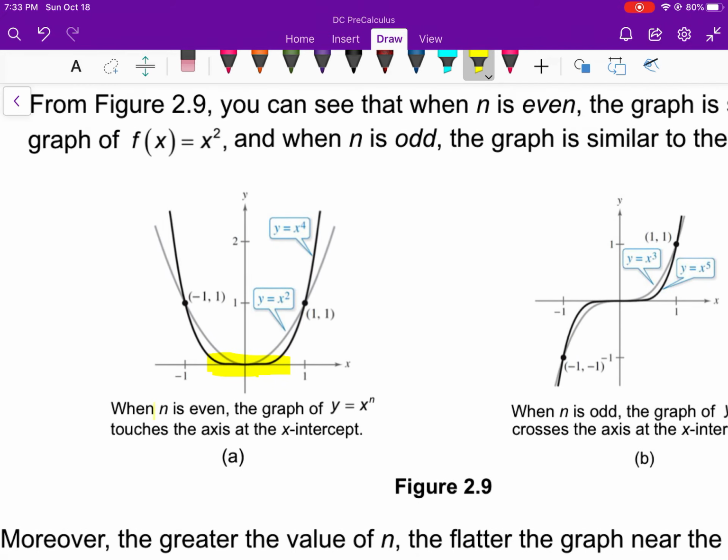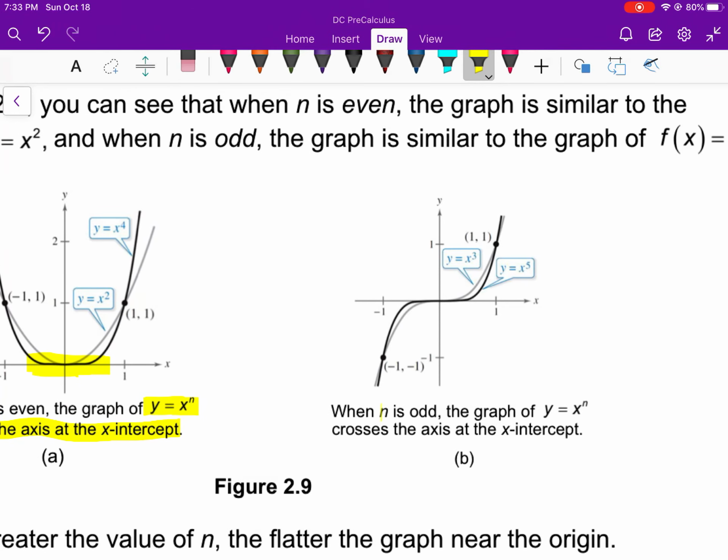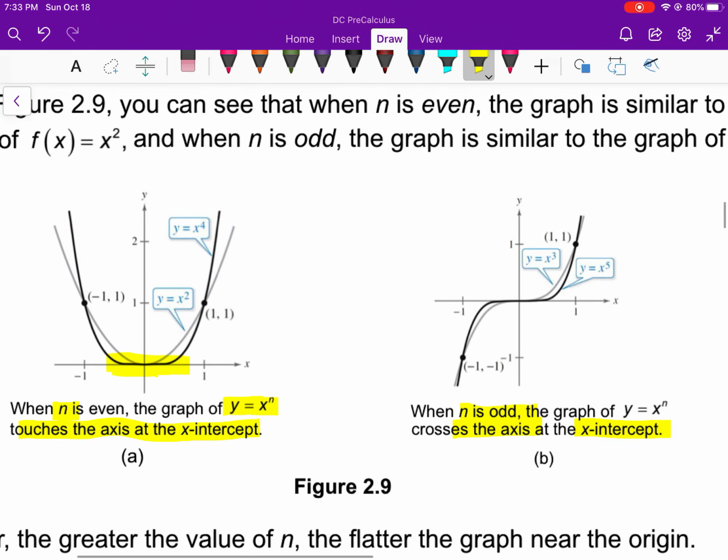So it says when n is even, the graph of y equals x to the n touches the x-axis at the x-intercept. However, when n is odd, the graph will cross the x-axis at the x-intercept. So I always tell students to remember that if an exponent is even, it's either going to be 2 arms up or 2 arms down, just like x squared would be.